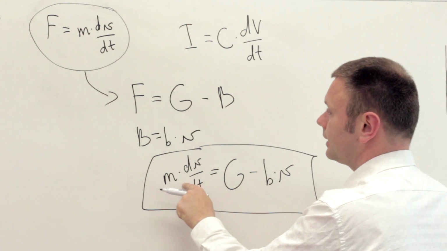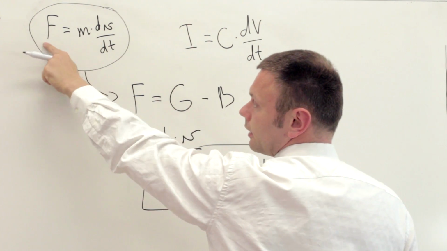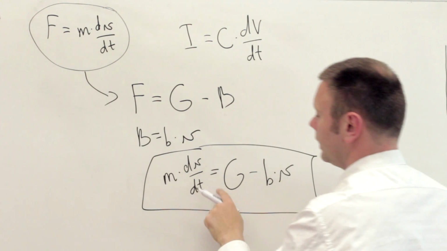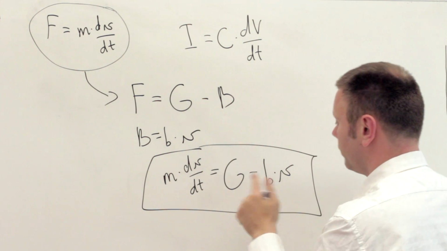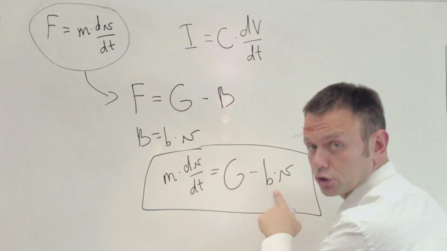And we notice that this time, unlike here where the force was constant, the force has a constant component G, but also a component that depends on the velocity, the frictional component.